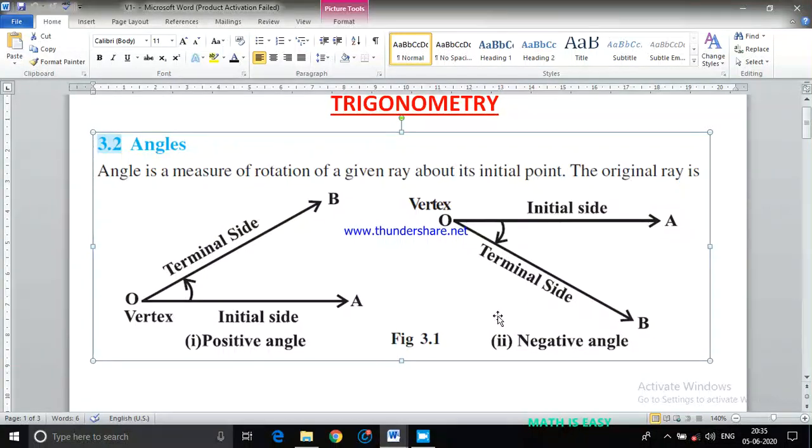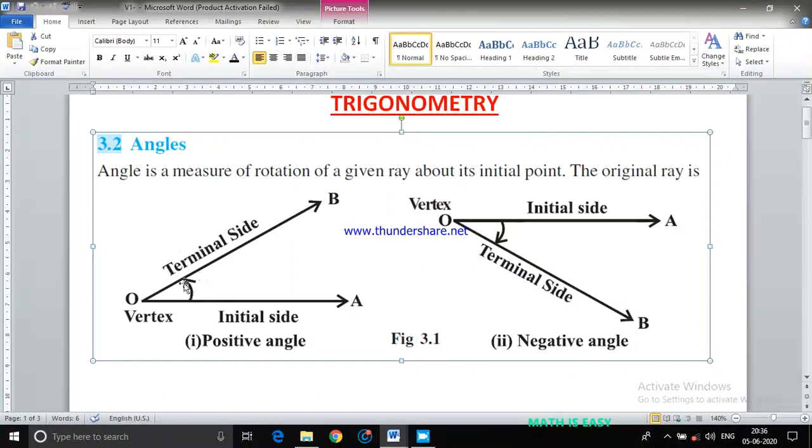As the line OB is moving in the clockwise direction, whatever angle you get here will be a negative angle. It could be minus 30, minus 60, minus 45, minus 58, whatever value you get, that has to be a negative value. Here, this OA line is initially here and moved till point OB.